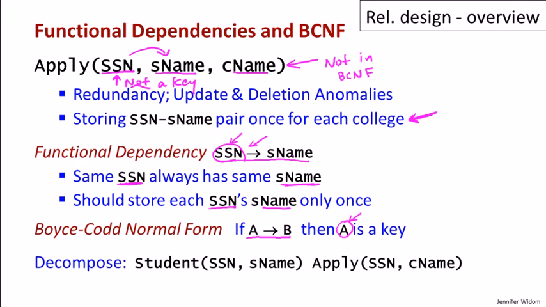Our functional dependency would tell us to pull out the social security number and student name into its own relation where the social security number is a key, and then we have just one time for each social security number that student's name, and then separately we'll have the information about the students and which colleges they applied to. Again, we'll completely formalize this whole idea, the definition of functional dependencies, their properties, the normal form, and how we do the decomposition in a later video.